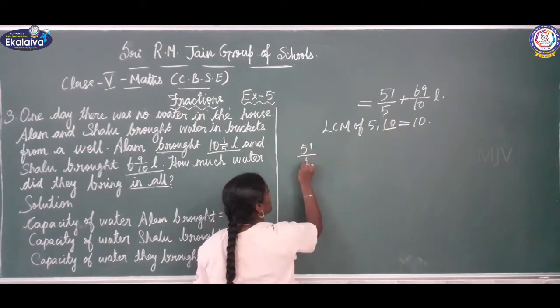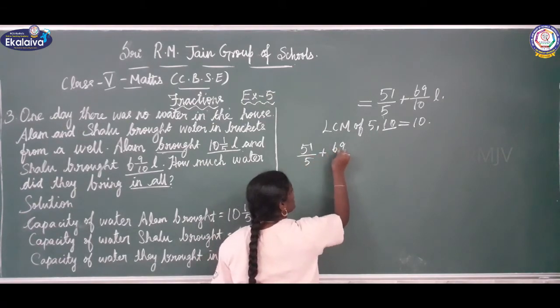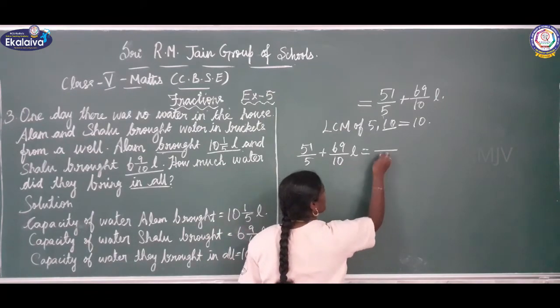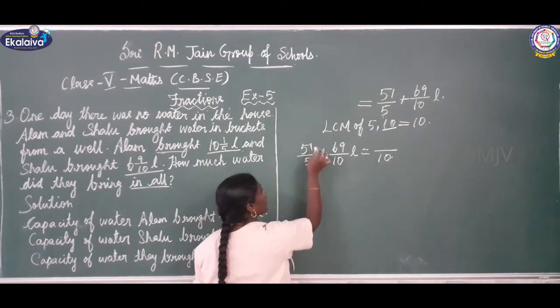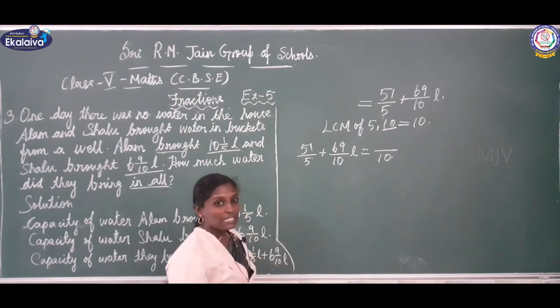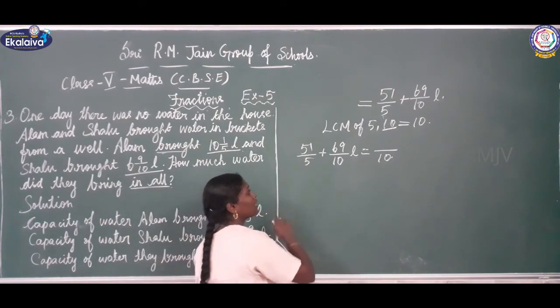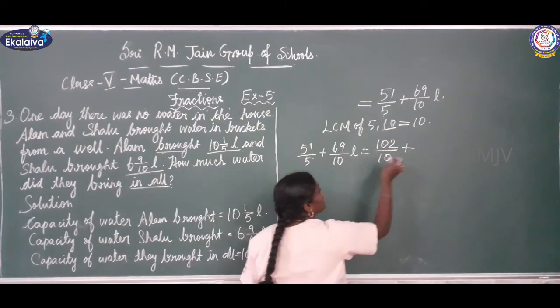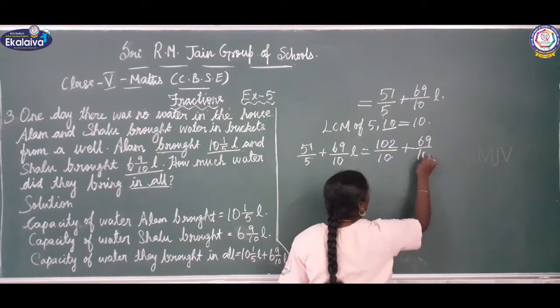So 51 by 5 plus 69 by 10 liter is equal to, here in 5 table when you will get 10? 2 times. So we have to multiply the numerator by the same number 2. So 51 into 2 we will get 102 plus 69 by 10.